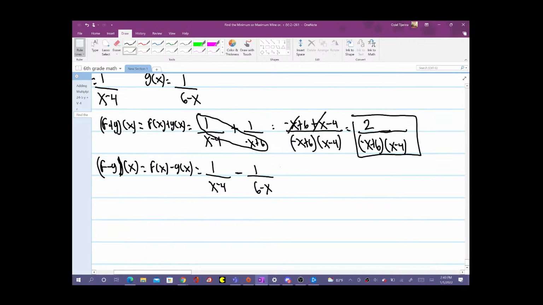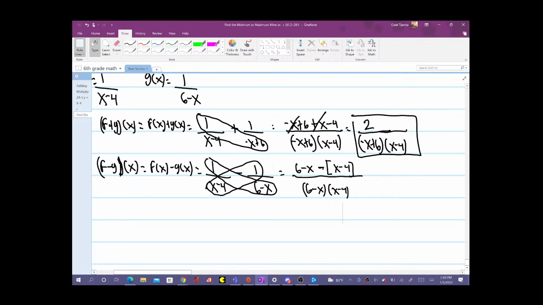This then becomes 6 minus x minus the quantity x minus 4, because we're doing the butterfly method. So 6 minus x minus 4 all over negative x times x minus 4. I wrote it as negative x plus 6 over here because I just wanted to. It doesn't matter if you say 6 minus x or negative x plus 6. They're both the same thing.